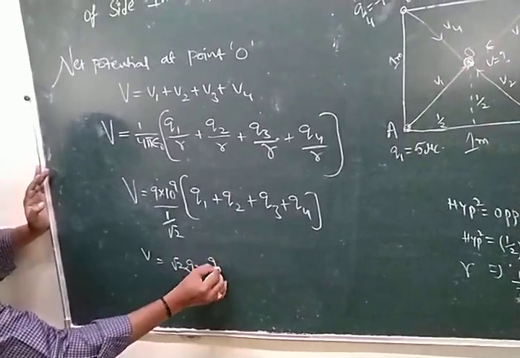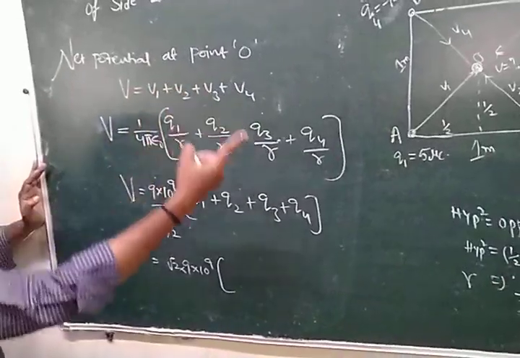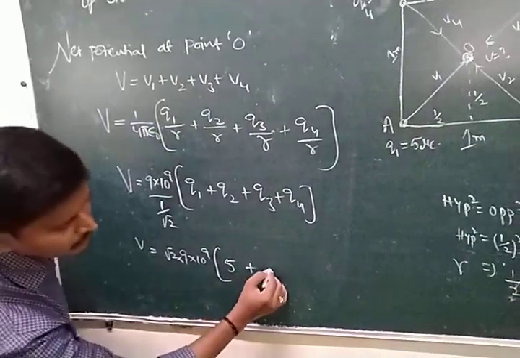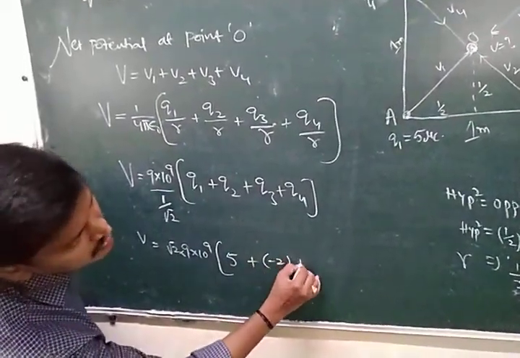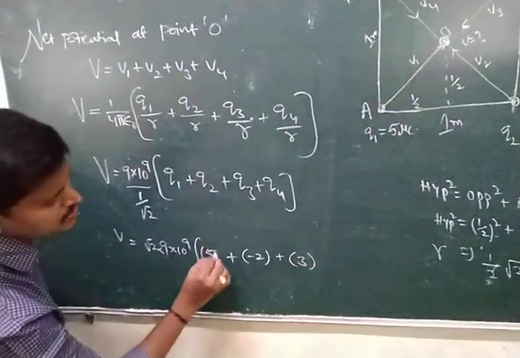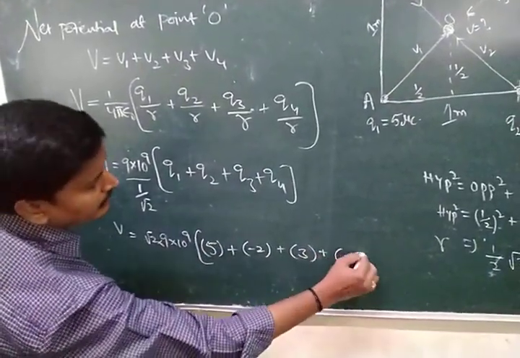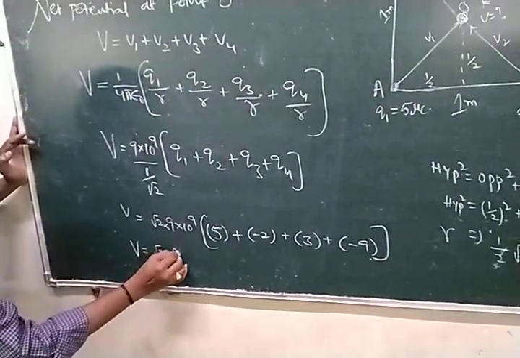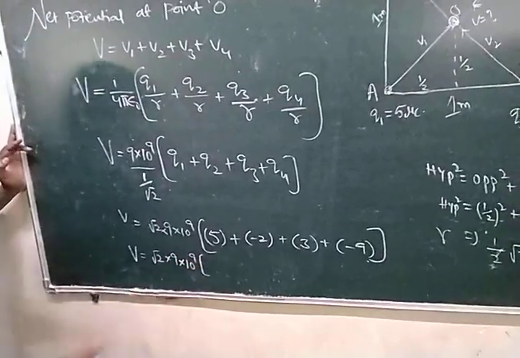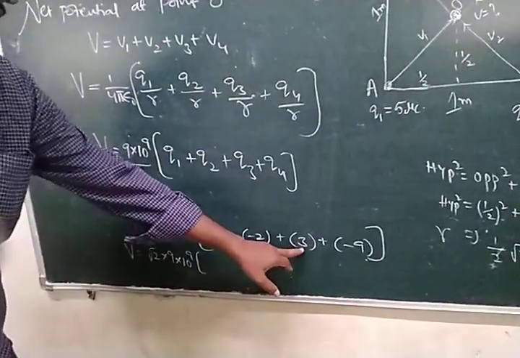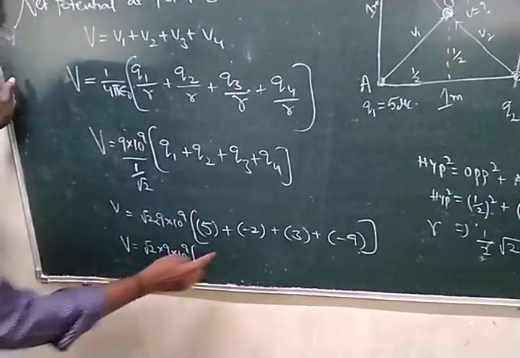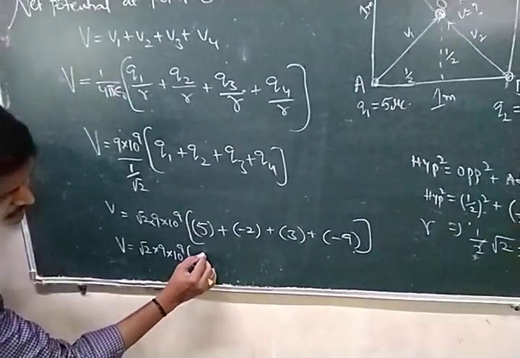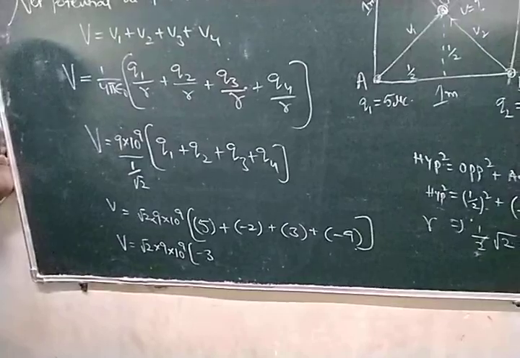So V is equal to root 2 into 9 into 10 to the power of 9 of the Q values given: 5 microcoulombs plus minus 2 plus 3 plus minus 9. Therefore V is equal to root 2 into 9 into 10 to the power of 9. Here 5 plus 3 is 8. Next, 8 minus 11 gives minus 3.